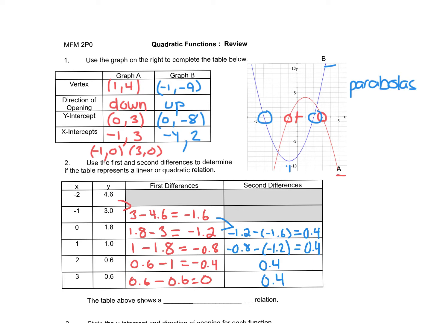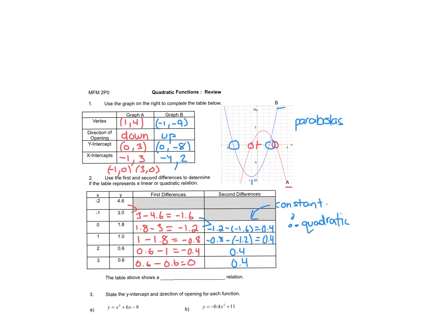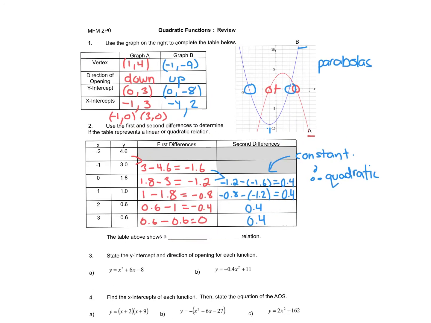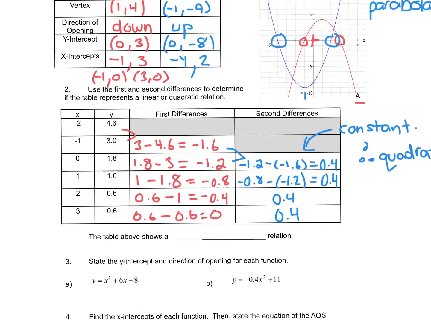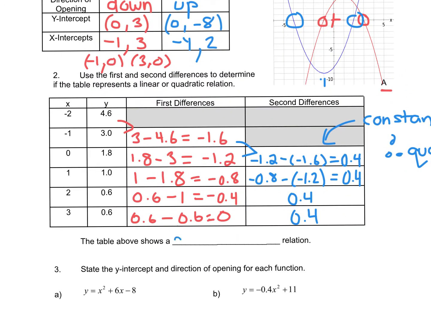So we keep getting a constant. Therefore, we know it's a quadratic. And that's what this is saying down here: the table above shows a quadratic relation. So again, at any time, stop the video, try questions, go ahead.